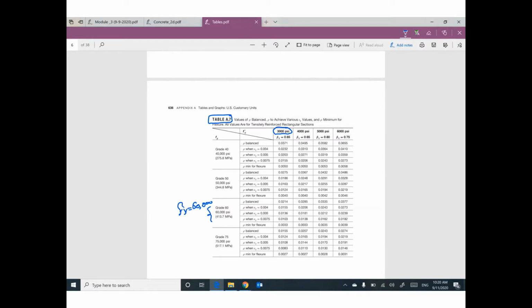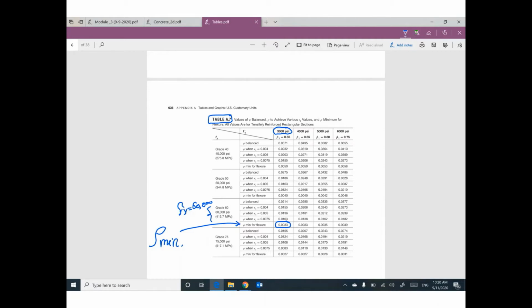I need to figure out the minimum value of rho. Rho minimum. We need a steel reinforcement higher than the minimum amount. We have a minimum you have to put in the concrete beam. So your reinforcement must be minimum or higher. We cannot go below the minimum value.